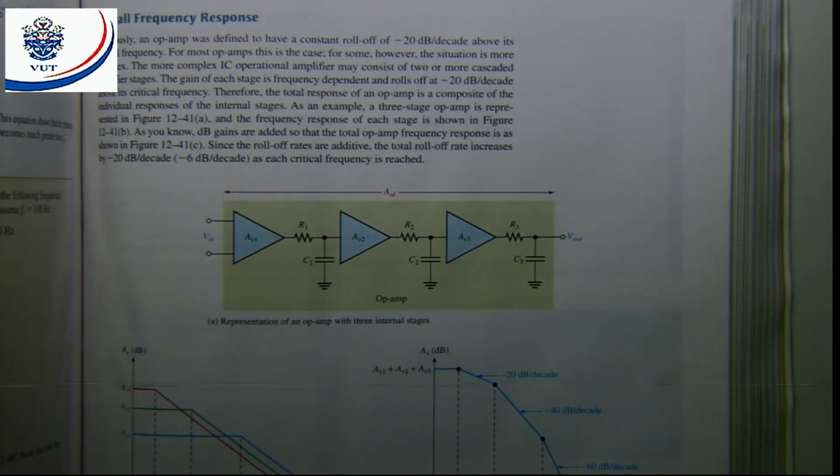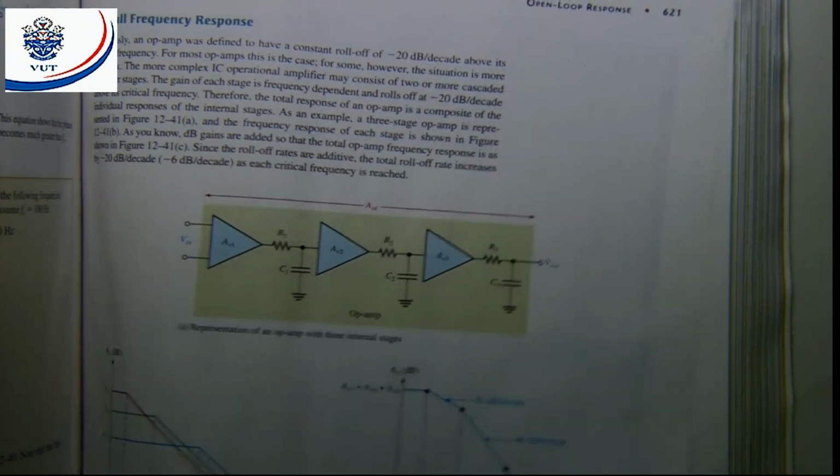Our overall phase shift, theta total, is equal to minus arctan F divided by FC1, minus arctan F divided by FC2, and minus arctan F divided by FC3. That will give me my total phase shift, my overall phase shift.